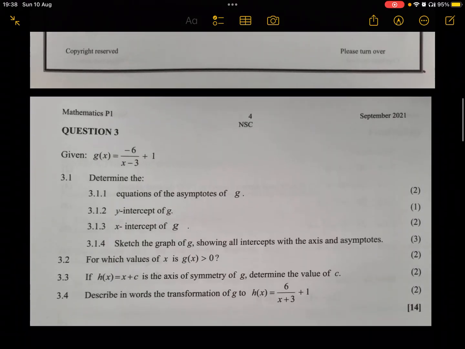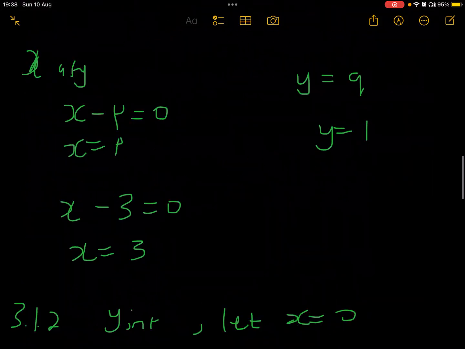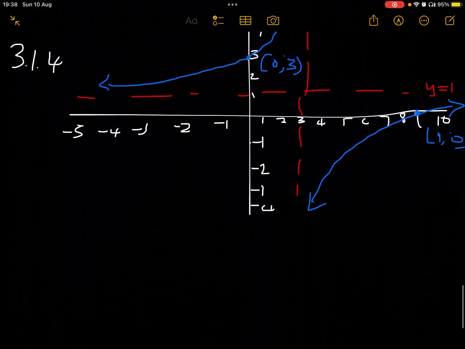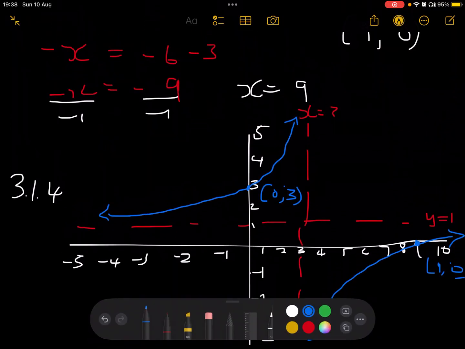Second last question says, for which values of x is g of x greater than 0? Now for which values of x is g of x greater than 0? For this question, I would like for you to use a sketch, maybe if you can try and use the sketch.